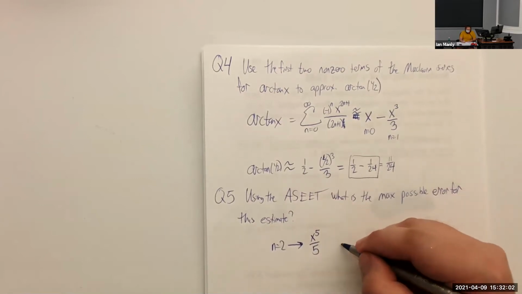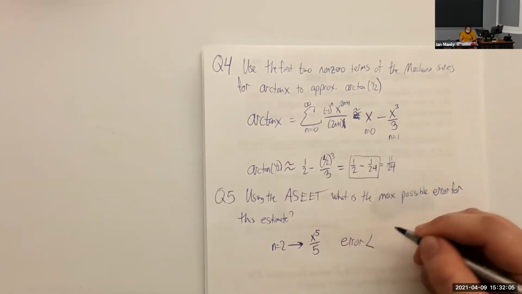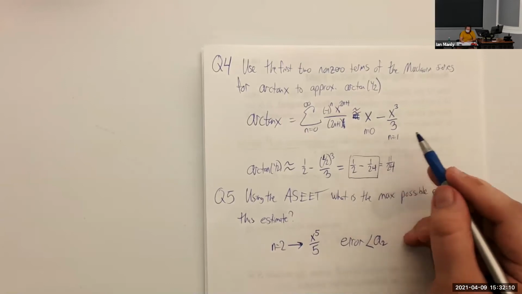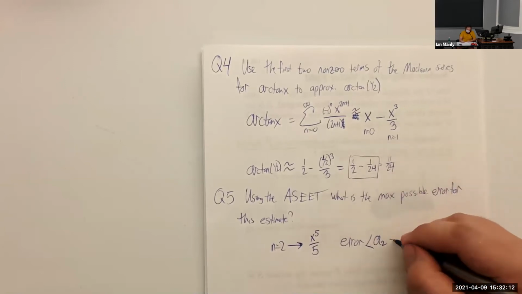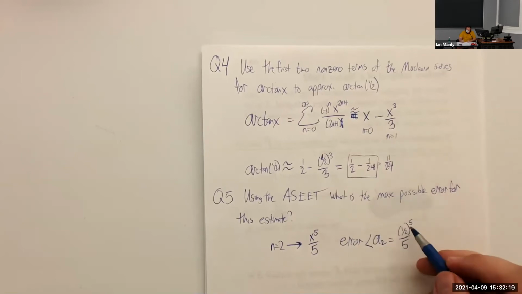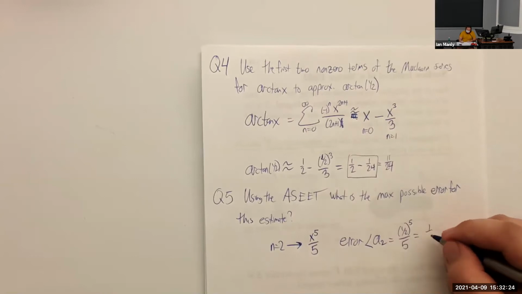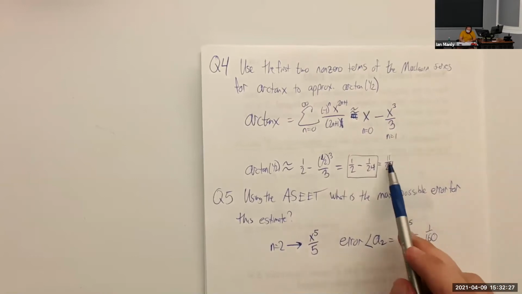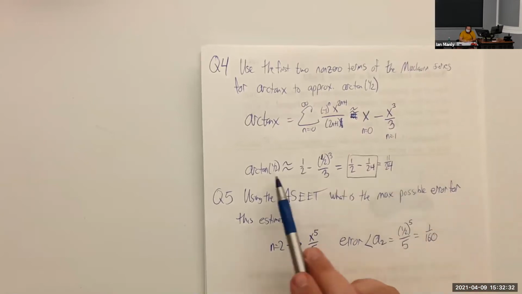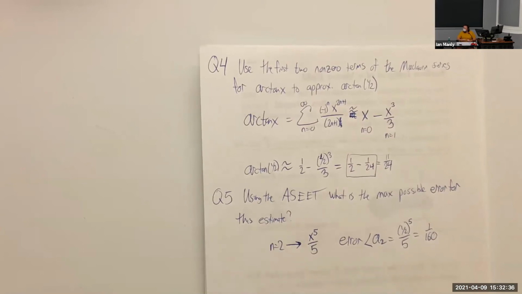So our error will be less than a sub 2, which is 1/2 to the 5th over 5. 1/2 to the 5th is 1 over 32, and 32 times 5 is 1 over 160. So the error for this 11 over 24 is at most 1 over 160 away from the true value of arctan of 1/2.